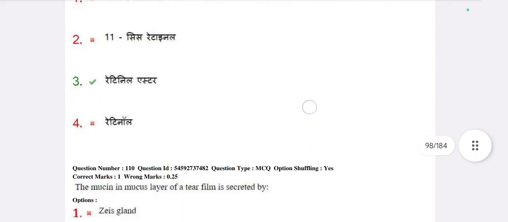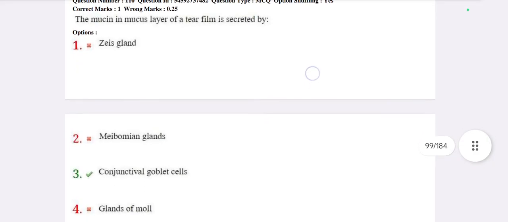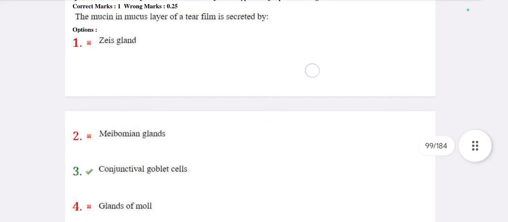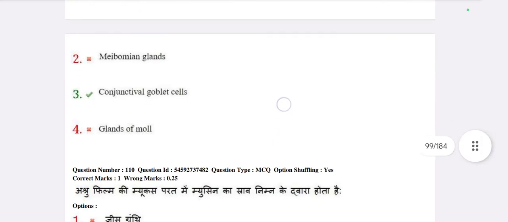Next question is, the mucin in the mucous layer of tear film is secreted by glands of Zeis, Meibomian gland, conjunctival goblet cells, or glands of Moll? Correct answer is conjunctival goblet cells.